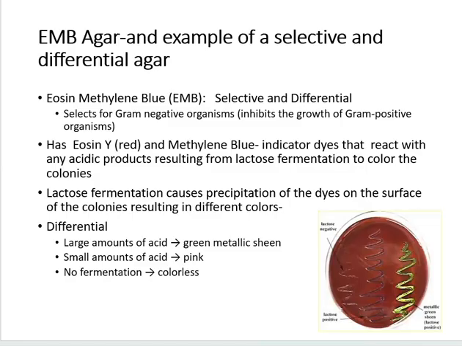So lactose fermenters cause the precipitation of the dye on the surface of the colonies. And so if you get no fermentation, it's colorless, like right here. If you get a small amount of acid, it turns kind of pink. If you have large amounts of acid, you get this beautiful green sheen on the plate. So it's pretty nice and interesting to look at.